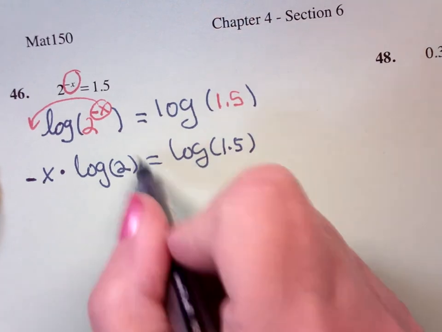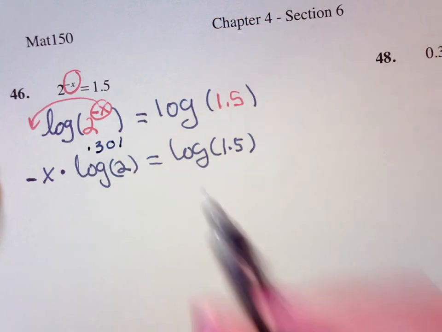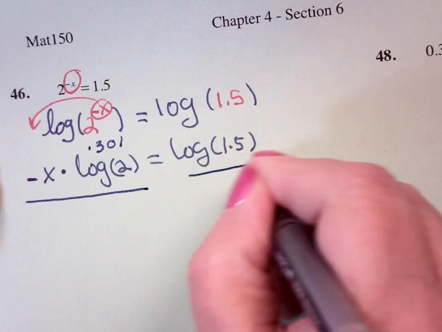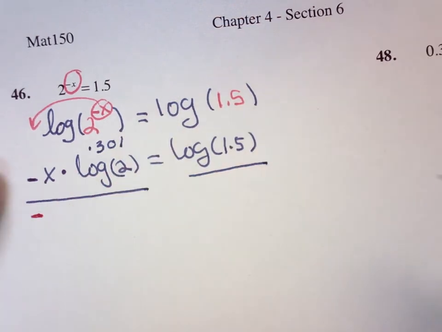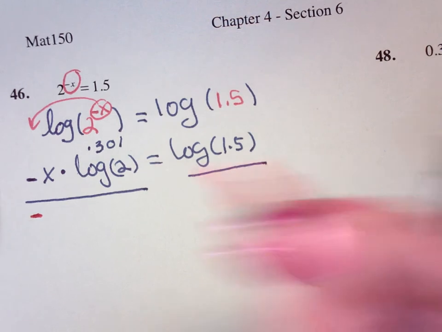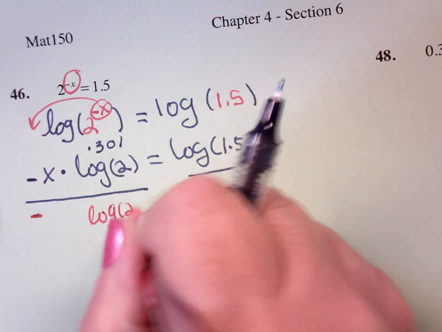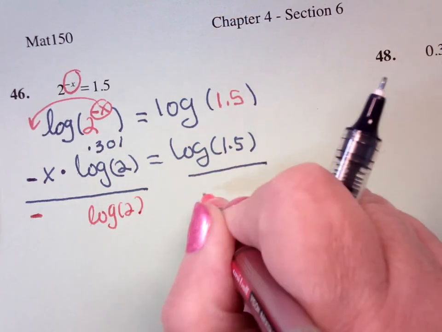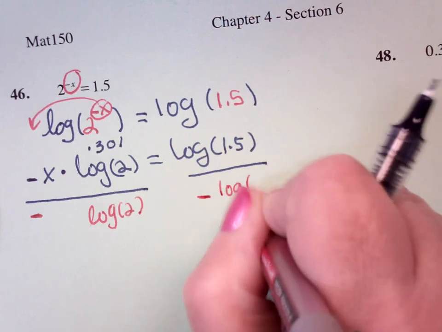But knowing that this is just a number and this is 0.301, I can divide both sides, because I want to have x, not the opposite of x. Dividing by a negative takes care of the opposite, and dividing by the log of 2 takes care of the log of 2. But whatever I do to one side, I must do to the other.